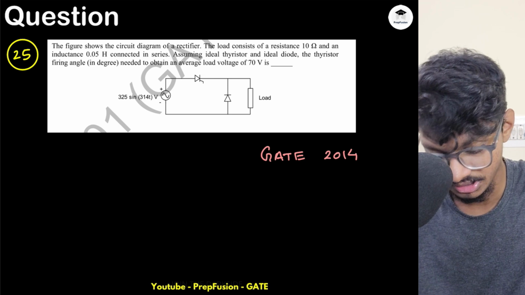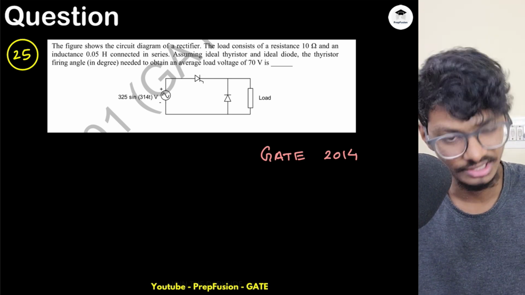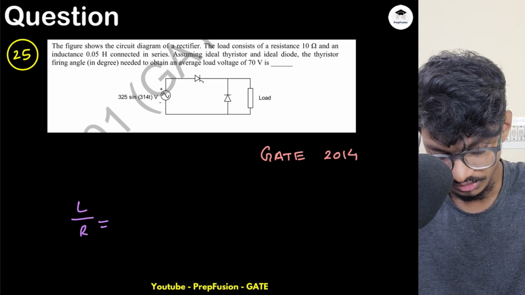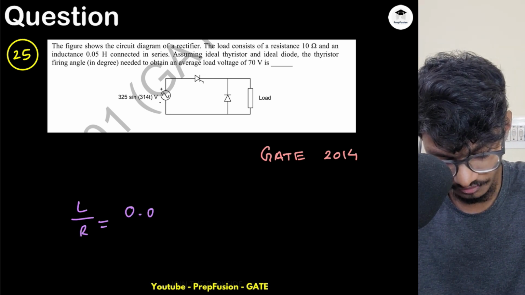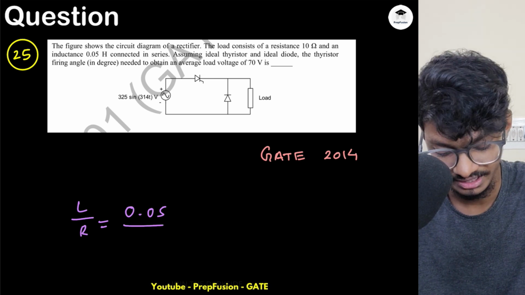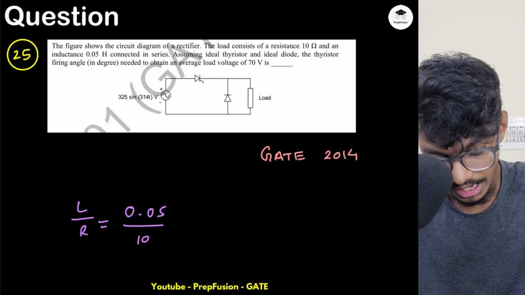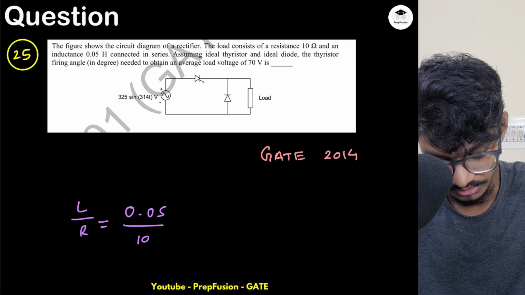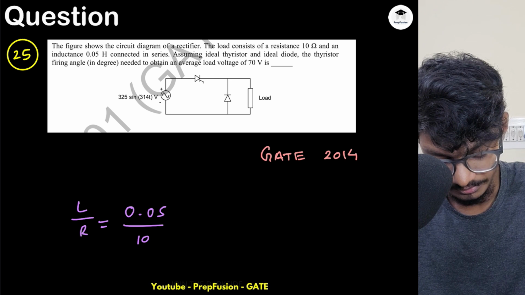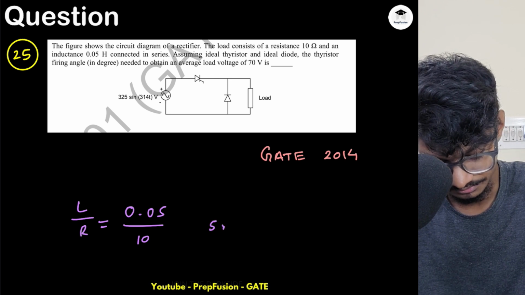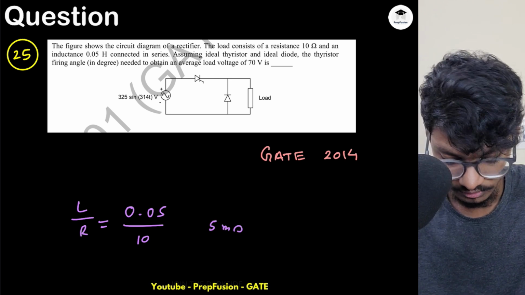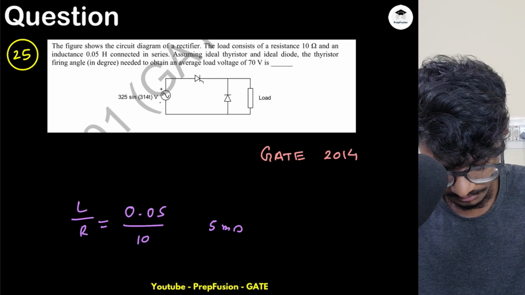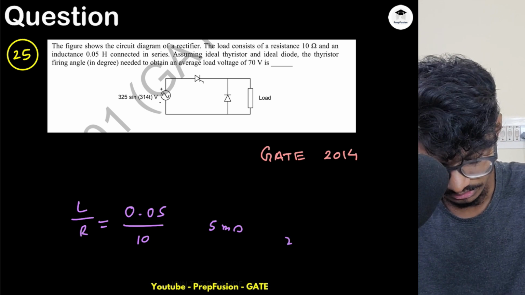So is the conduction continuous? Most cases the conduction will be continuous, but if you want to check, you can check, right? Conduction will be continuous. L by R is what? This 0.05 Henry is actually very large, divided by R is 10, and this is in milliseconds. If I multiply this by 1000, 5 by 100, so this will be 5 milliseconds. Okay, and what is 4 tau? 4 tau is 20 milliseconds.